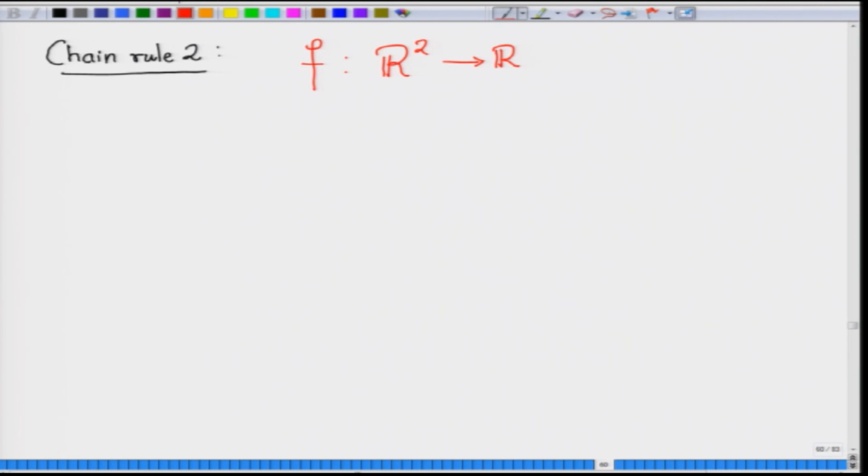We can go up to R3 as an example. So, a function f is from R2 to R and another function g is given from R2 to R2. f is expressed in terms of u, v, these are real variables.